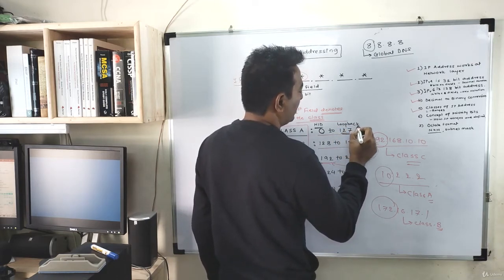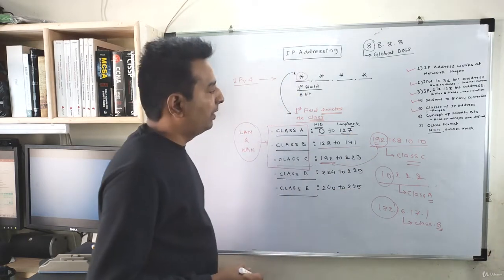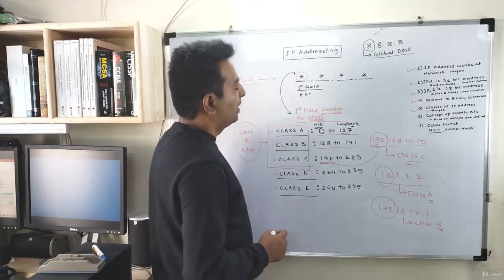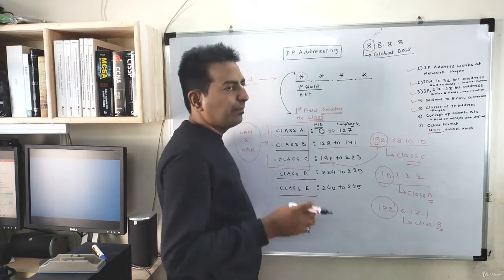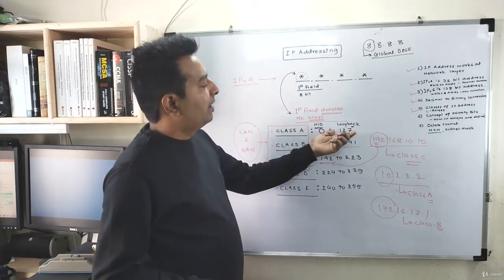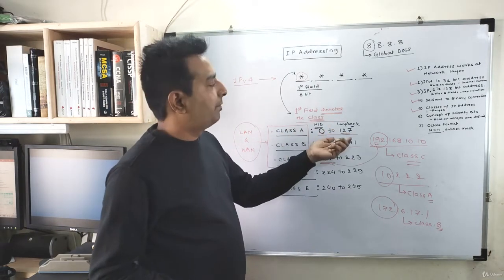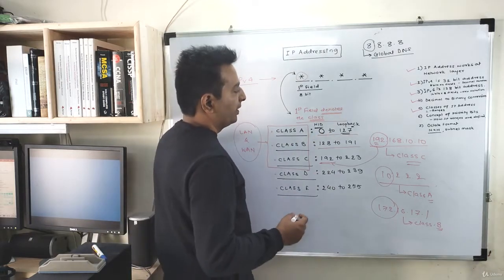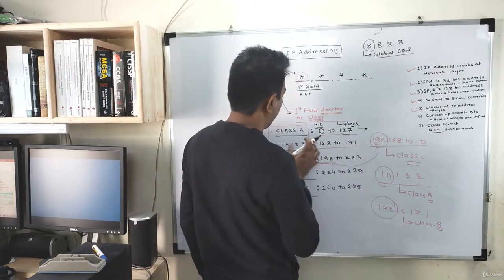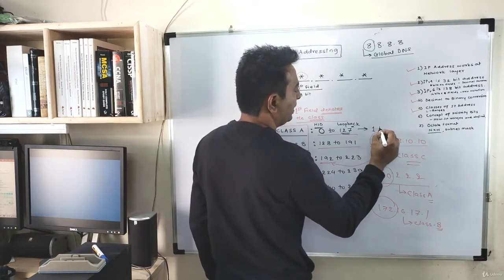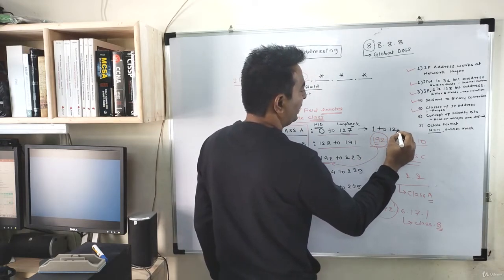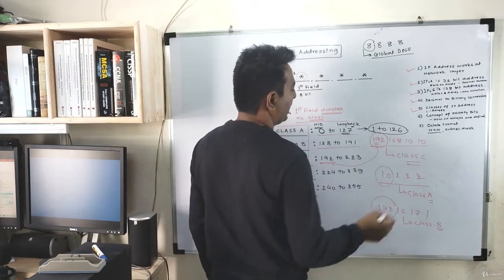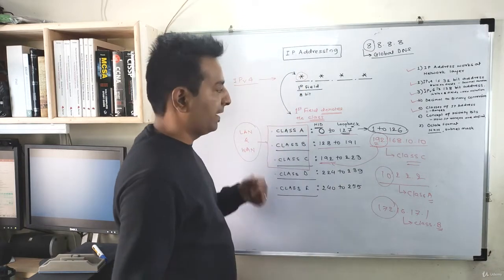So loopback address cannot be used either. It can be used, but this will not help you connect to other systems on the network. So the actual range for class A is going to be 1 to 126.